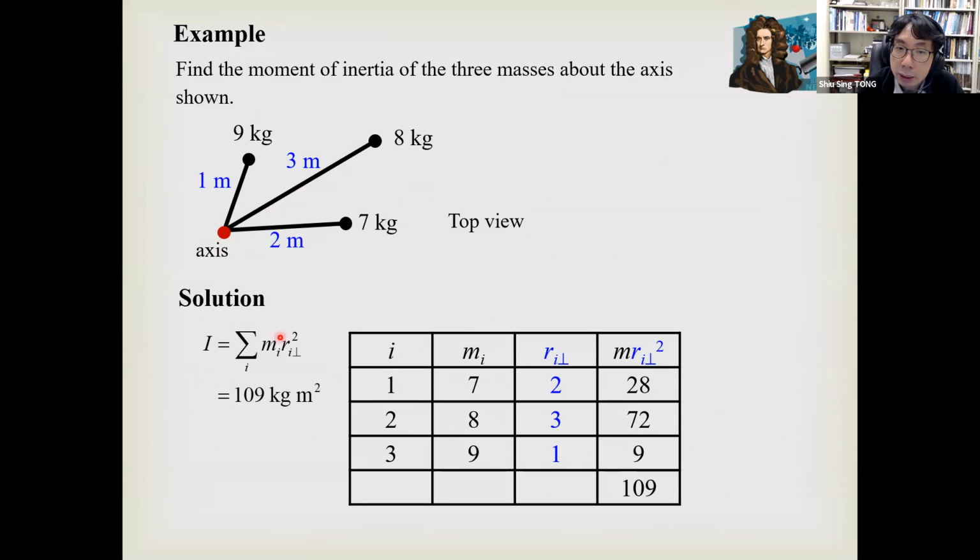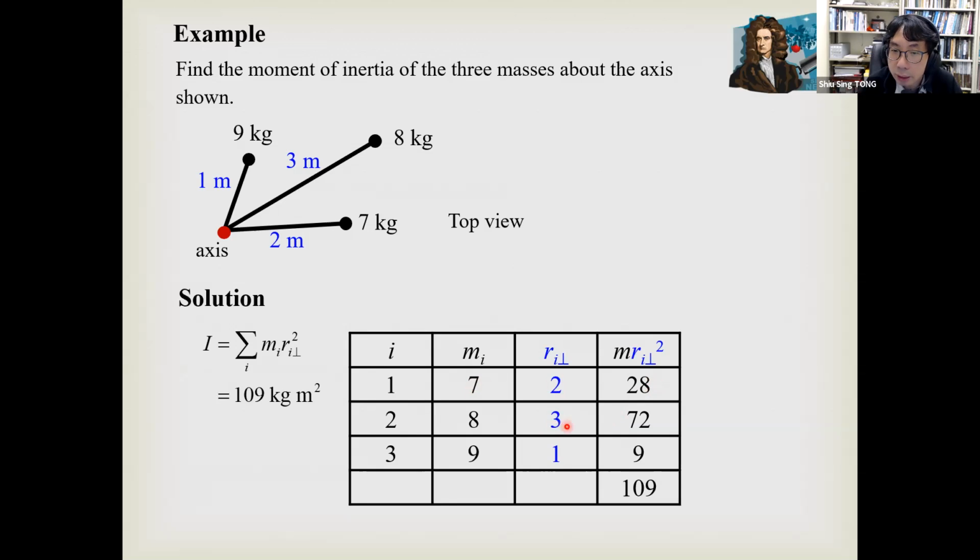And these are the distances. Well, we list out all the masses, 7, 8, 9. The 7 kg mass is at a distance of 2 meters from the axis, so m r squared: the square of 2 is 4, and 4 times the mass 7 is 28, right?